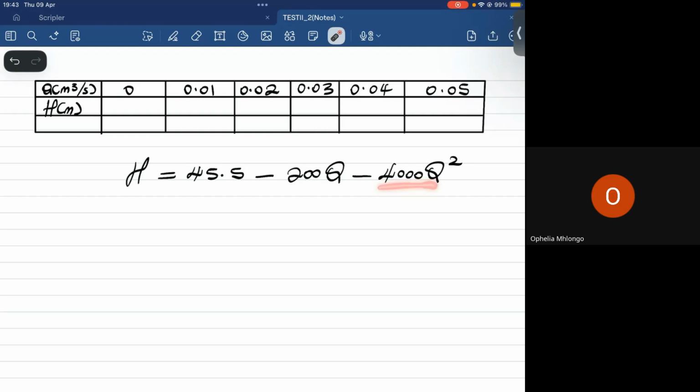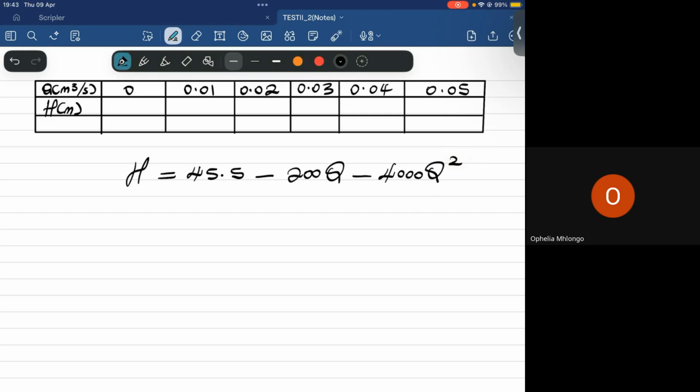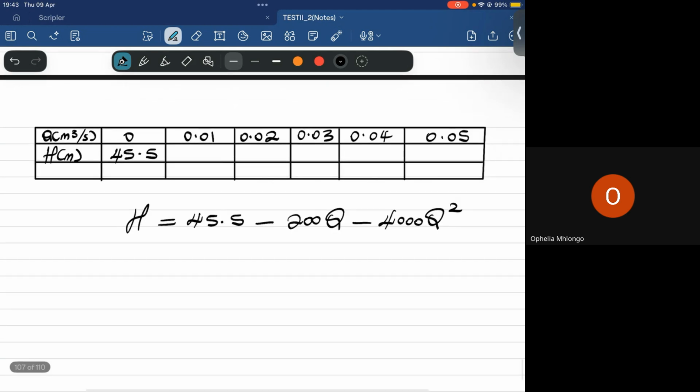Then minus 4,000 multiplied by 0 cubic meters per second squared. So our first head reading will be equal to 45.5 meters.